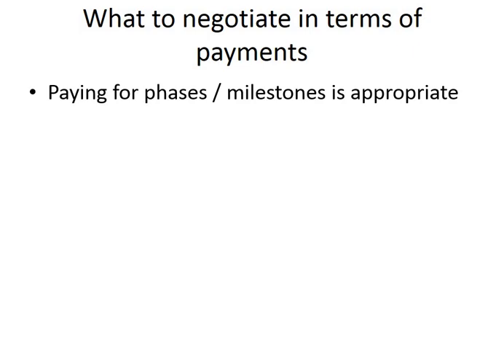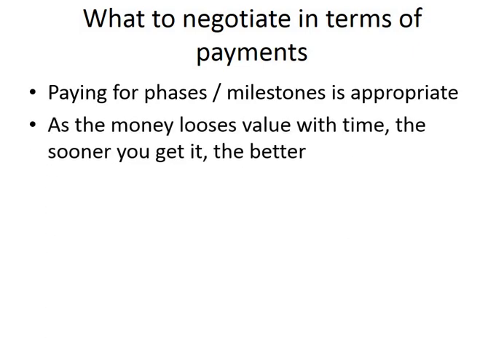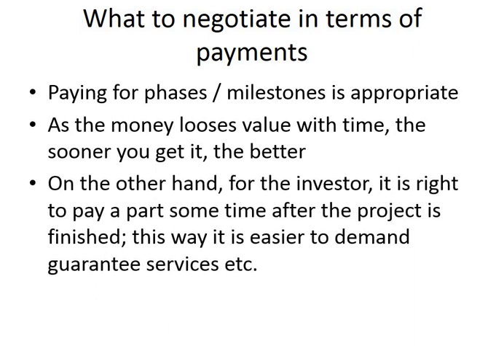Okay, so it is appropriate to pay for particular phases, for milestones, and so on. It is appropriate to pay a little bit afterwards, if this is all agreed beforehand, because the investor can check if everything is correct. So this is it.